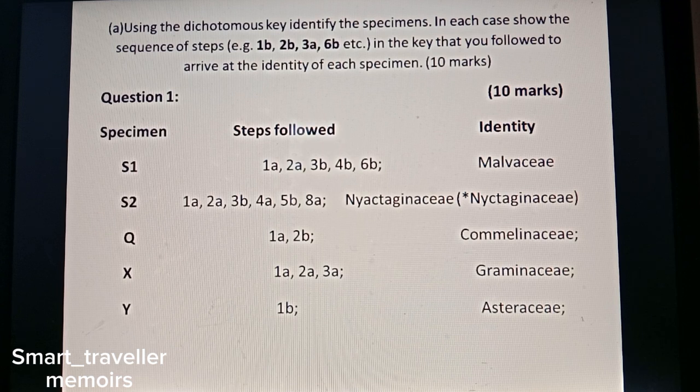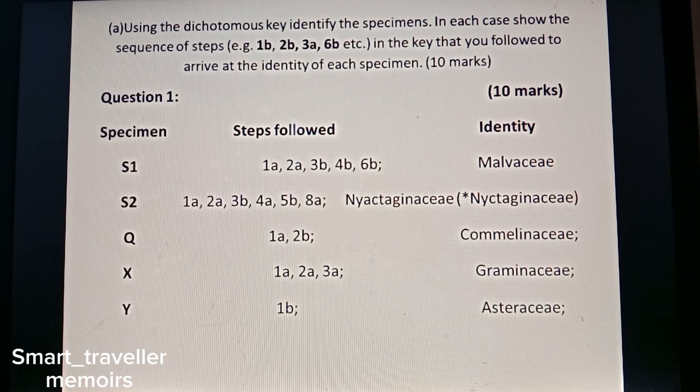So, specimen S1 steps followed were 1A, 2A, 3B, 4B, 6B. You can go back to the key and see what the key is talking about there. And the specimen was Malvaceae.